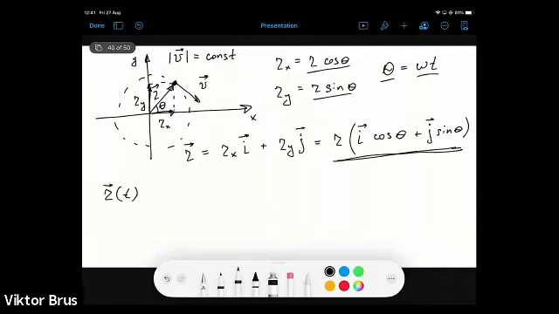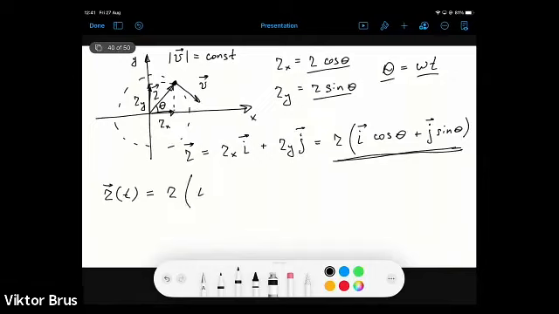So let us do it. That will be r. Again, r doesn't change. The magnitude of the radius vector, this position vector, doesn't change. It is just the radius of this circle. But what is changing is only theta.